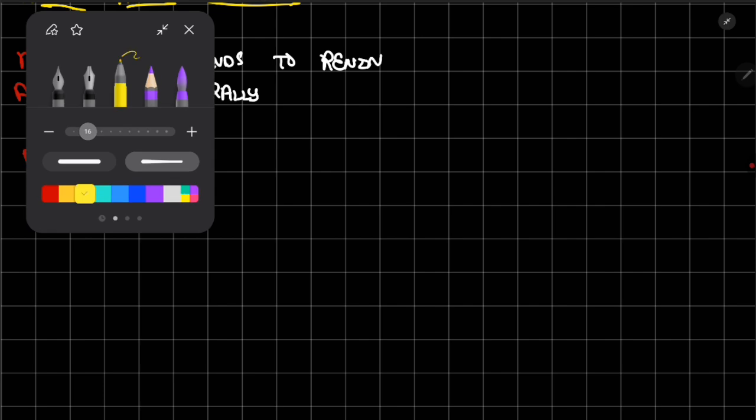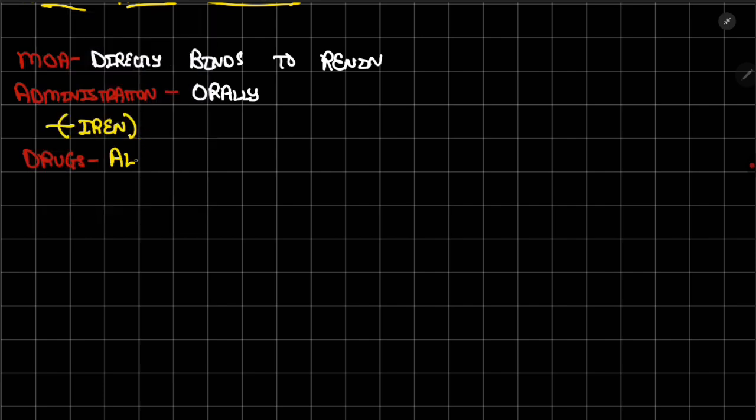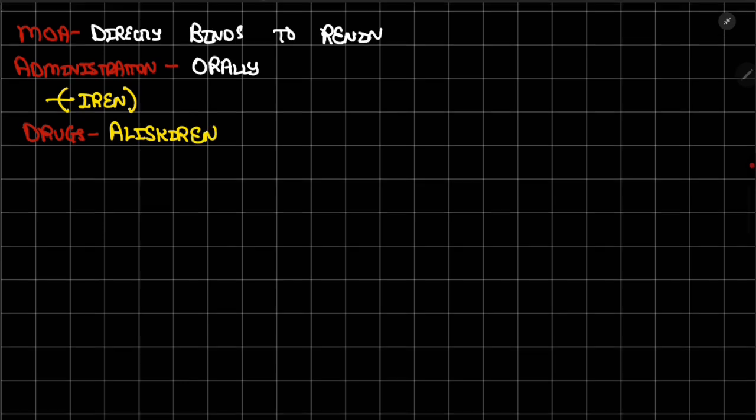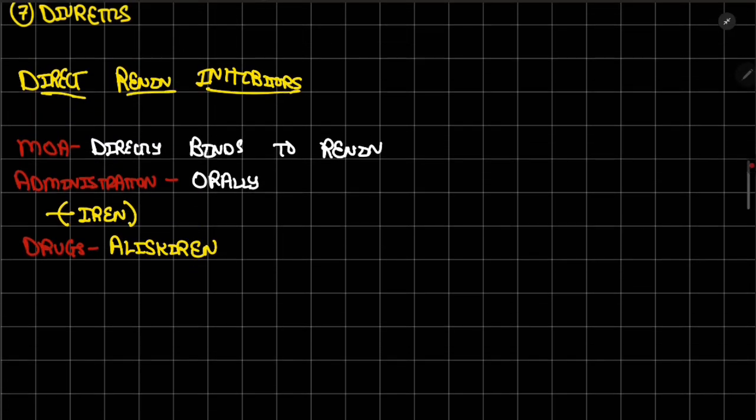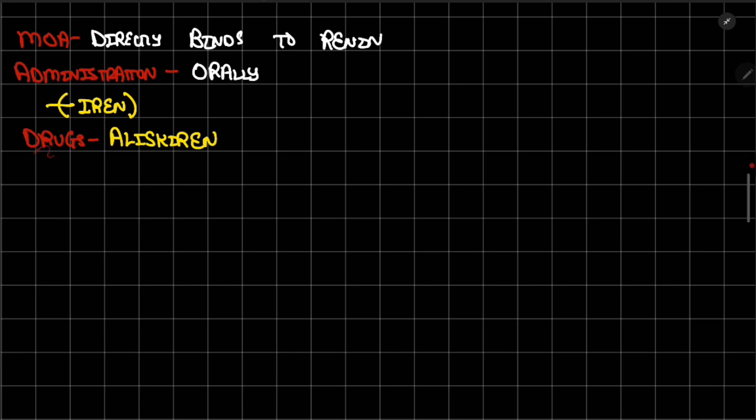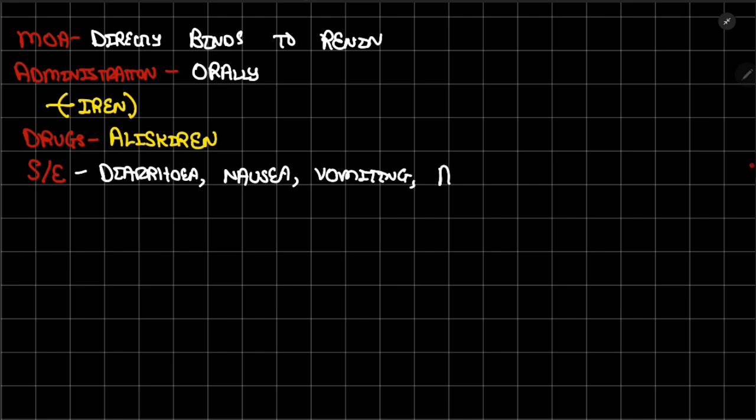We have only one drug, which is known as aliskiren. Then we have the side effects. Common side effects include diarrhea, nausea, vomiting, and angioedema.